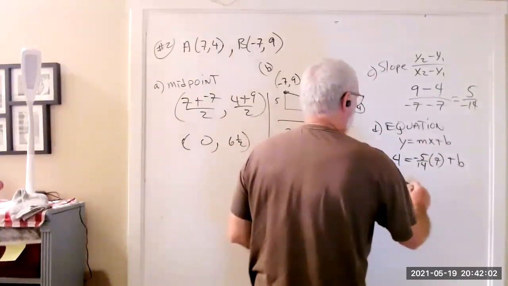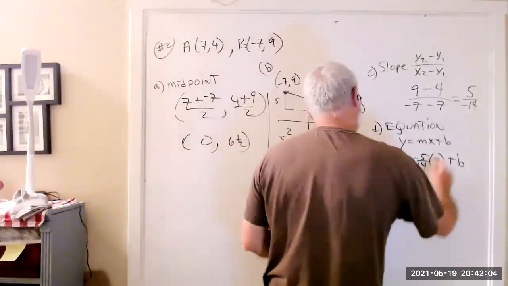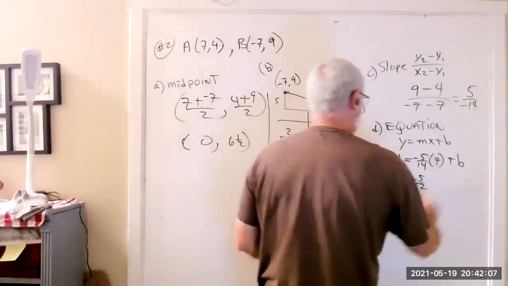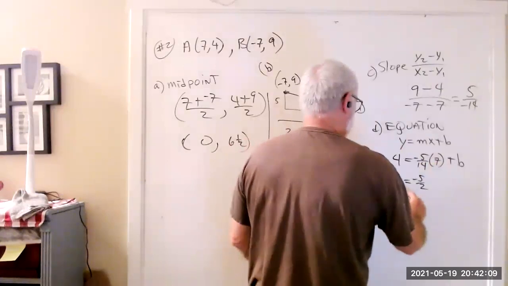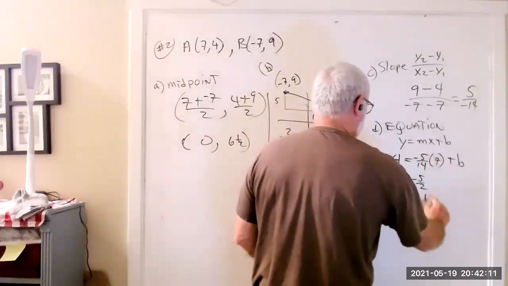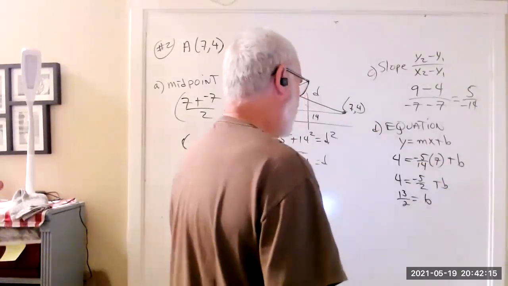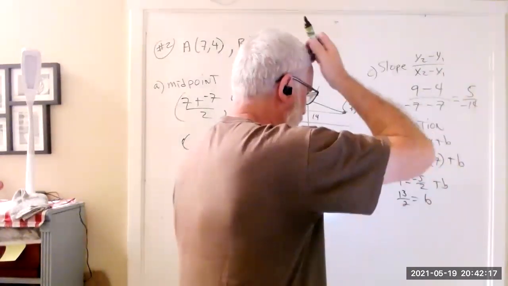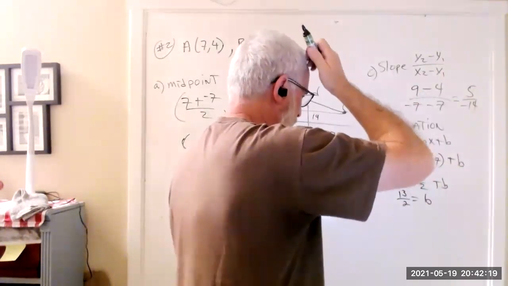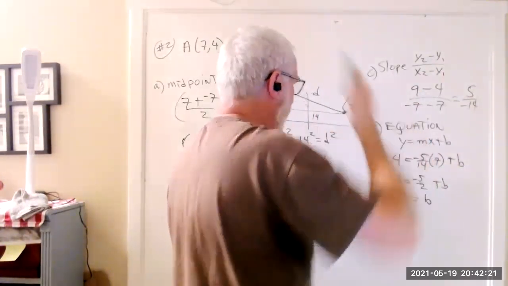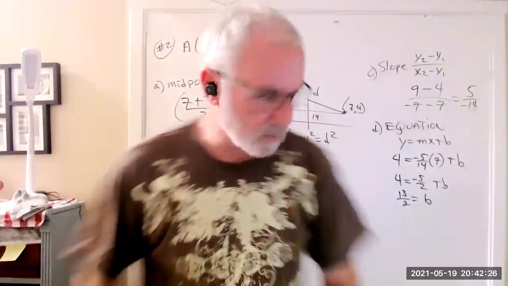So that becomes 4 equals negative 5 over 2 plus b. I think that's 13 over 2 equals b. I think that's right. I'm doing a lot of math in my head. 5 over 2, 2.5, 6.5. I think I'm right. I suppose I should look at my paper. Yes, you're right. Okay, I'm right.